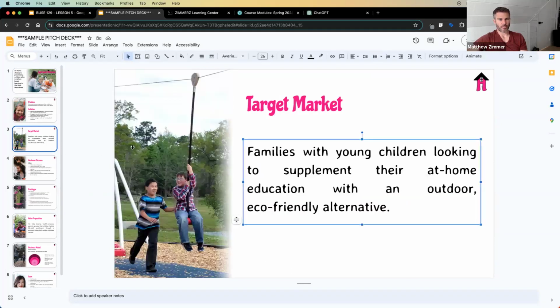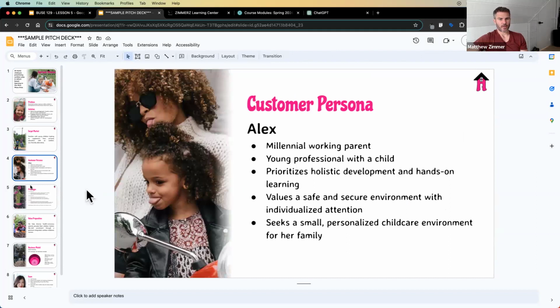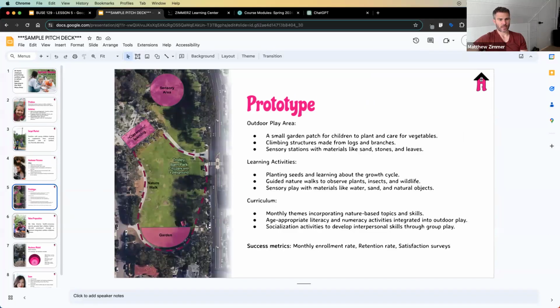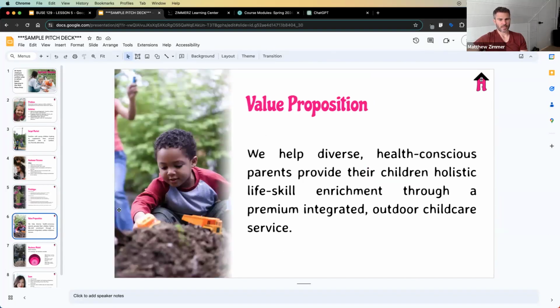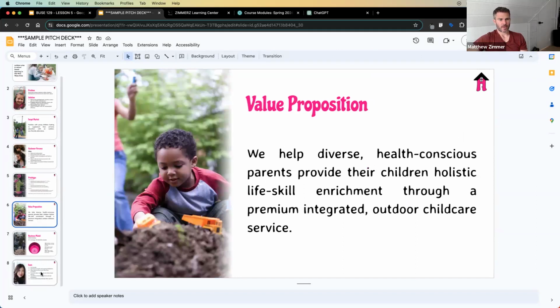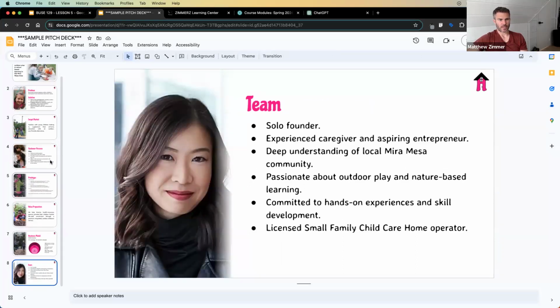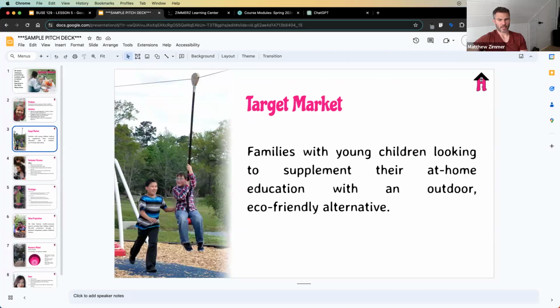Value prop, this is a sentence. This team slide, this is bullets. So there's lots of bullet points, and even when this is a sentence, you can see there's pretty limited words here. It's pretty short and concise.